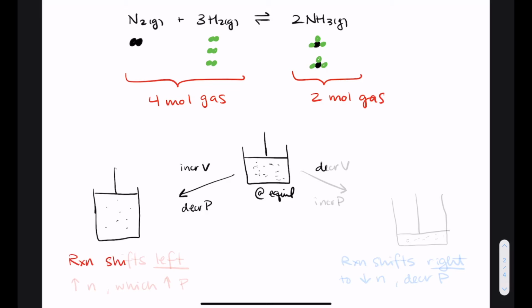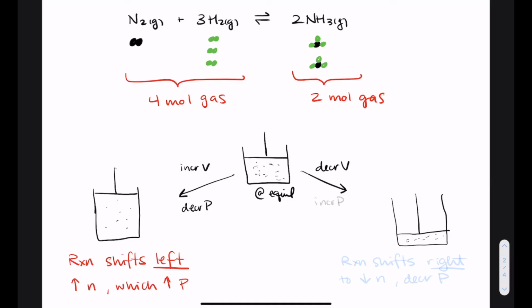So we did one thing, whatever we're doing, according to Le Chatelier's principle, is to undo what was done. So I decreased the pressure, my reaction is going to increase the pressure. The way that the pressure increases, because P is nRT over V, my only option is to increase the number of moles. So the way the reaction shifts would be to the left because it has a higher number of moles.